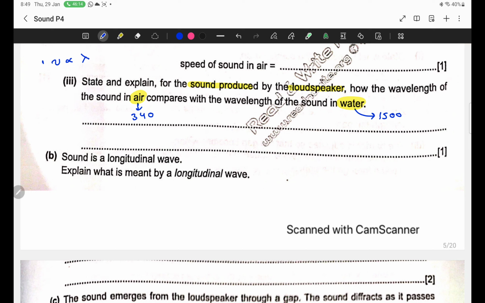If the speed is slow in air, so wavelength of sound in air will be shorter. And this sentence is enough. Do not write about water because I have explained in air speed is slow, so wavelength is shorter. In water speed is faster, so wavelength will be longer.